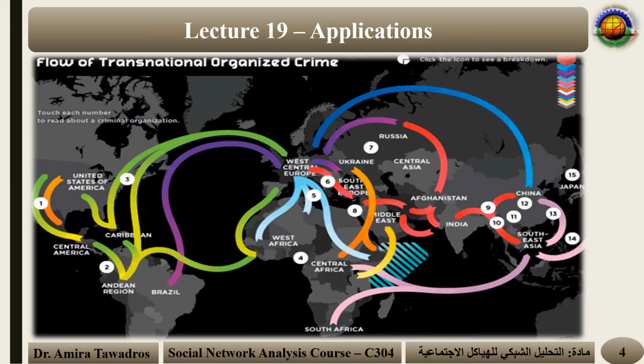The more information you have, the more clearly you can highlight the main structural characteristics of these criminal and dark networks.